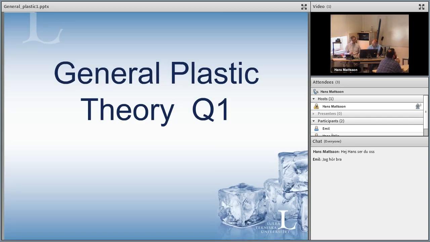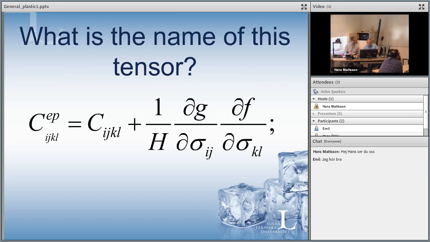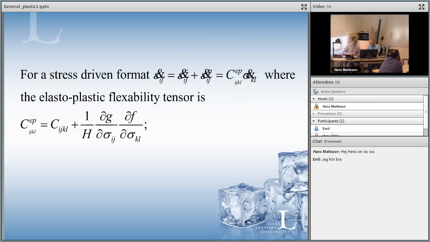Okay, the first question. Are you ready? Where is the mouse? There. Okay, what is the name of this tensor? That's correct. Yeah, you have it there, one of my slides.